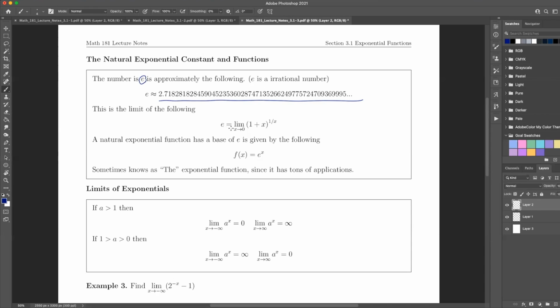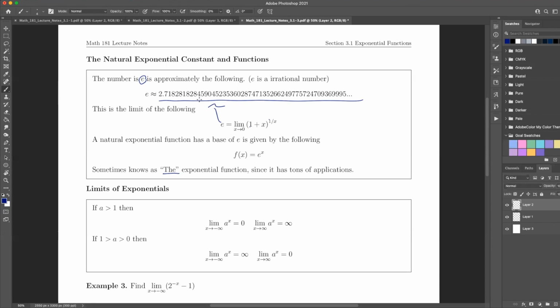What e really comes from: e is really the limit of (1 plus 1/x) to the x as x goes to infinity. If I just took the limit of this weird function, I get this. That is its definition. And we call this the natural exponential function, or e to the x, and it's sometimes known as the exponential function, since it has a ton of applications. So this is just a number.